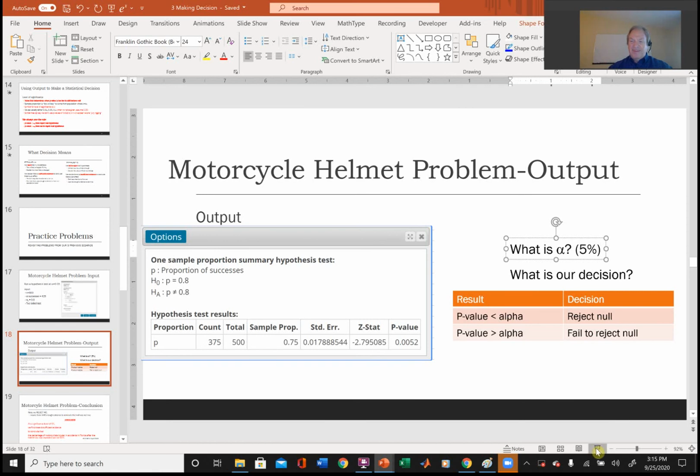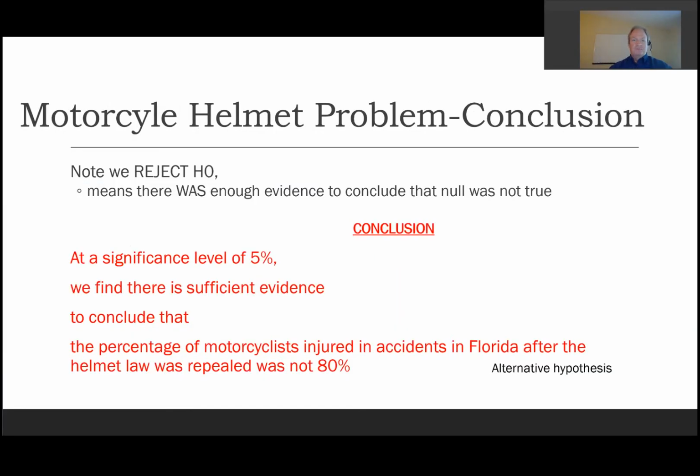Now, how do we say this? This is a little tricky. Here's how we say this. We reject the null. There was enough evidence to convince us the null wasn't true. This is kind of like a little template you can use, like we had a template for describing plots. We start off saying our burden of proof, our standard of proof, which is the significance level. That's that dividing line where we go from guilty to not guilty, or fail to reject the null to reject the null.